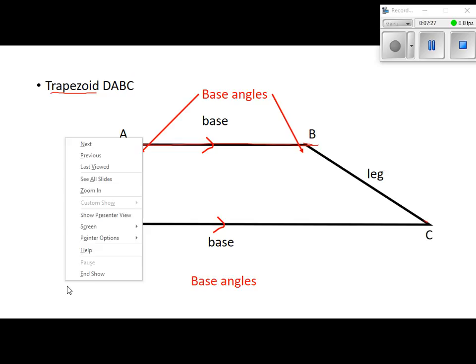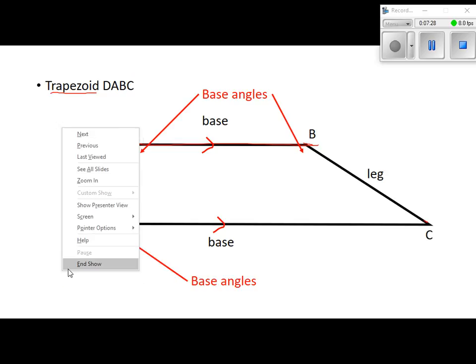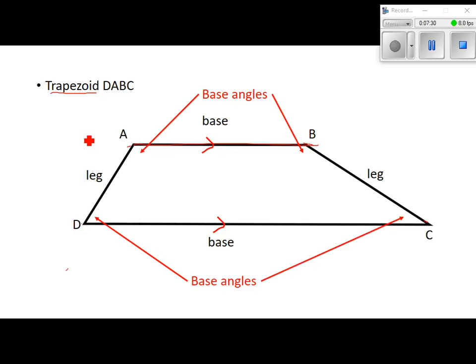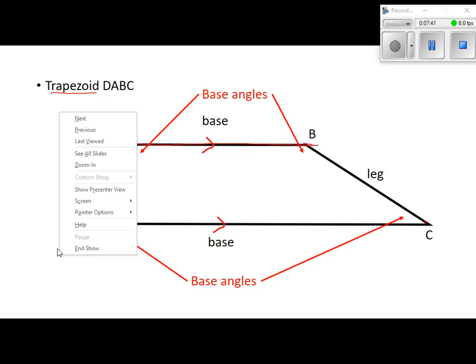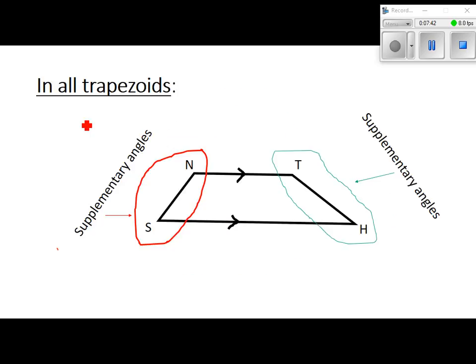And then the other two that surround the other base are also called base angles. So you have two pairs of base angles. Those are all the parts of a trapezoid. You just got to know those parts.